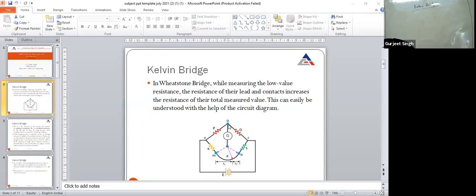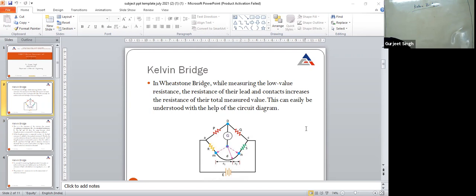The galvanometer is connected to the point D, and along its opposite side there are three connections: one is the point M, one is the point D, and one is the point N. So the problem is where we will connect the galvanometer: to the point M, to the point N, or to the point D. With the help of connecting leads, we connect the galvanometer either to the point M, the point D, or the point N.